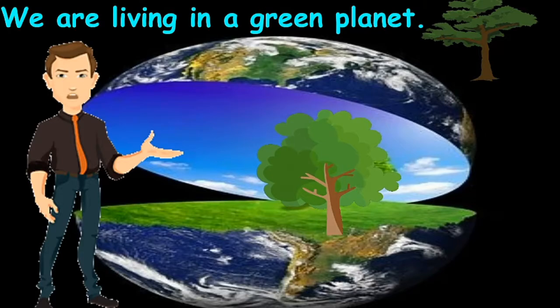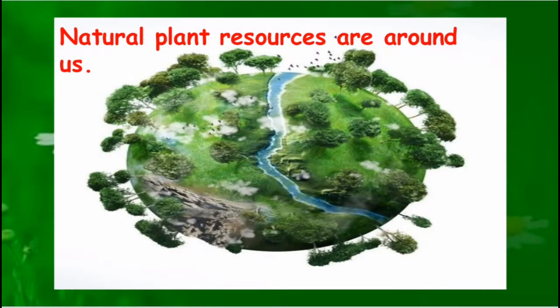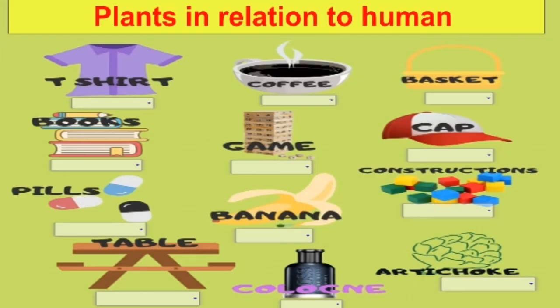Now let's start, children. We are living on a green planet. Children, plenty of natural plant resources are around us. Economic botany basically deals with all useful plants in relationship to human welfare as food, clothing, shelter and medicine, either directly or indirectly.